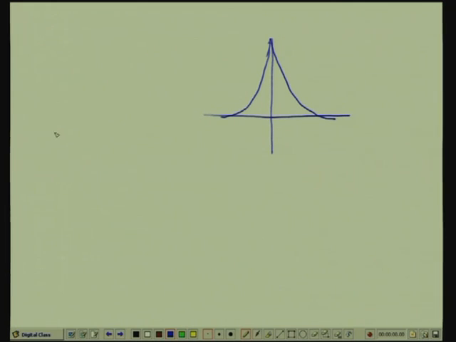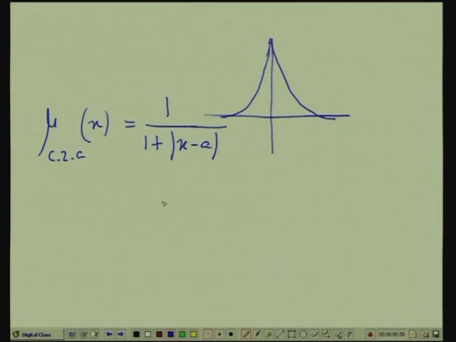You can try in that case that mu close to A of x to be something like 1 by 1 plus mod of x minus a. If you try this, you will find that the nature of the curve is becoming quite sharp, all right.